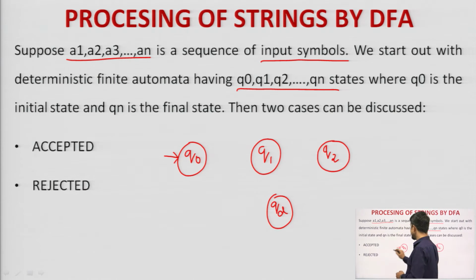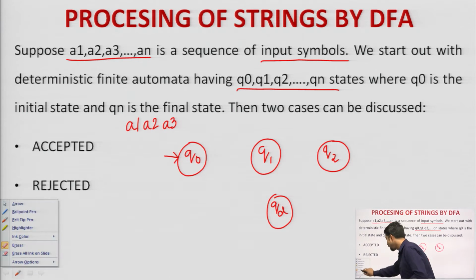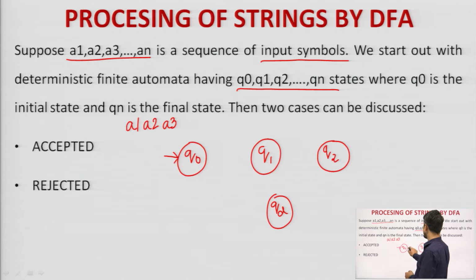Now, coming to the strings, suppose I have a string a1, a2, a3. If I look at the diagram, for a1 there is a transition, for a2 there is a transition and for a3 there is a transition.